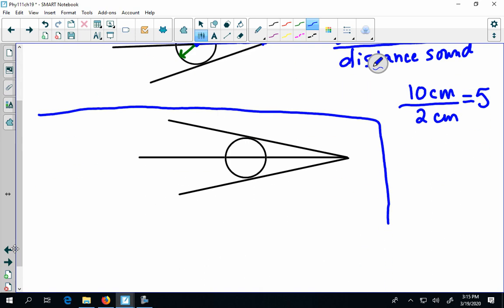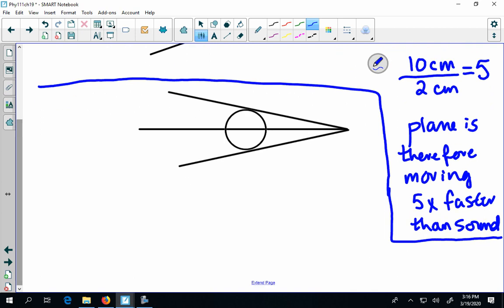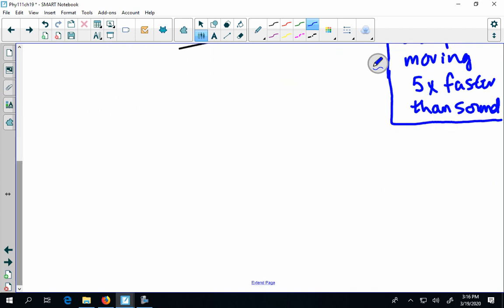If that is true, moving 5 times faster than sound. All right. So if we say sound is 331 meters per second, and it depends a little bit on the temperature, not a lot.